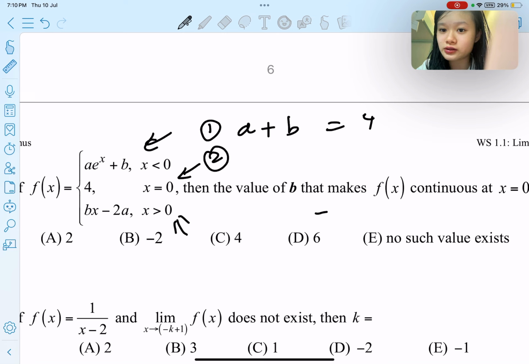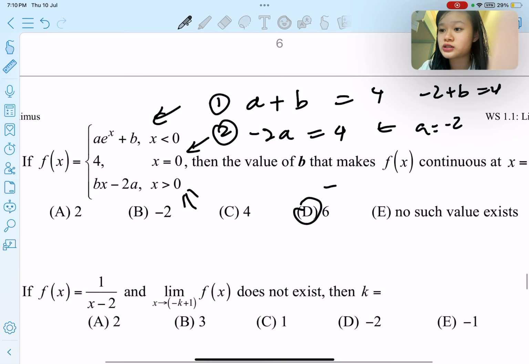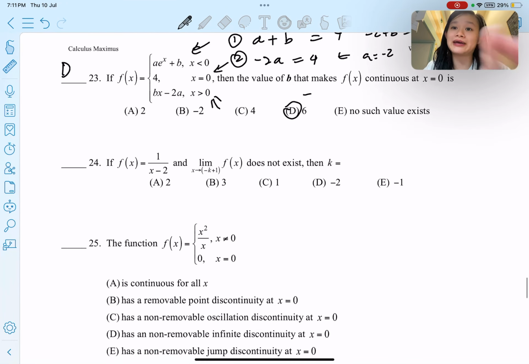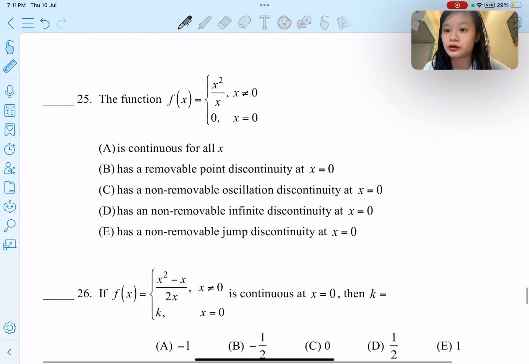Your second equation is negative 2a equals 4. Now you know that a is negative 2, but you're finding b, so you have to sub it in: negative 2 plus b equals 4, so b is 6. I can be wrong, and I'm probably wrong somewhere.